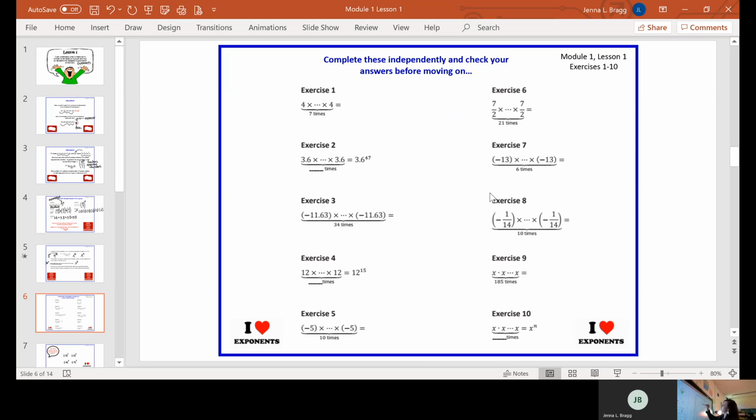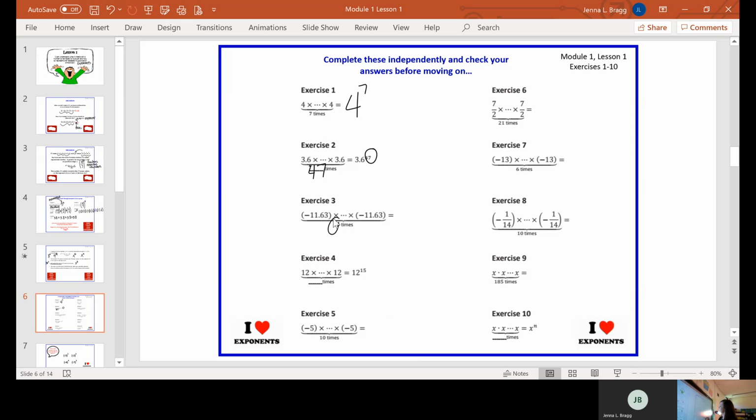So in exercise 1, you are multiplying 4 7 times. So I know that my base is 4, my exponent is 7. That's 4 to the 7th power. Exercise 2, 3 6/10 to the 47th power. I look at my exponent. I know that I've multiplied 3 6/10 47 times.